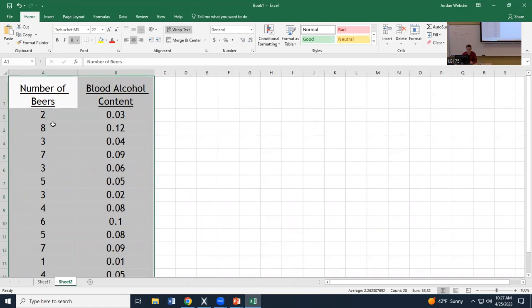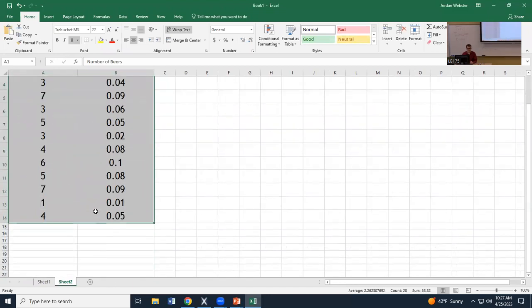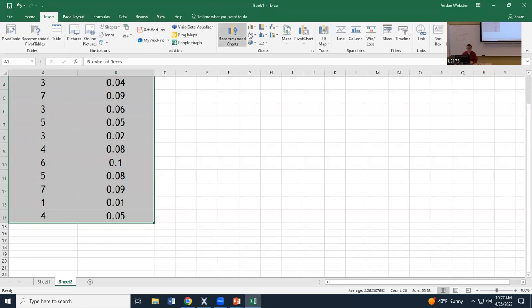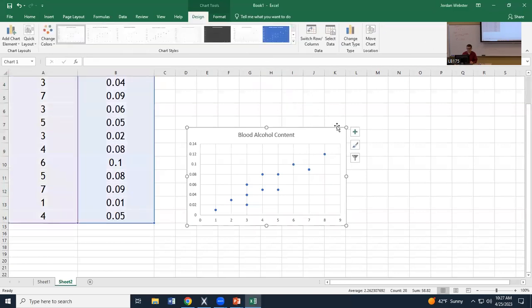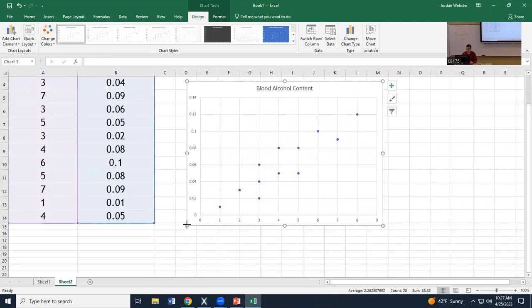Then I highlight those data, make sure those are highlighted, and then we're going to insert our scatter plot. Make that a little bit bigger so it's easier to see.